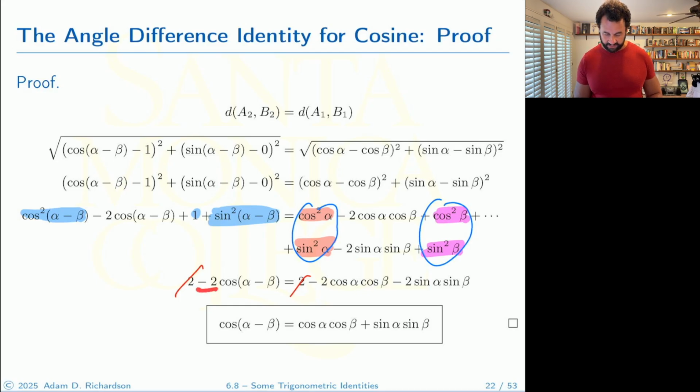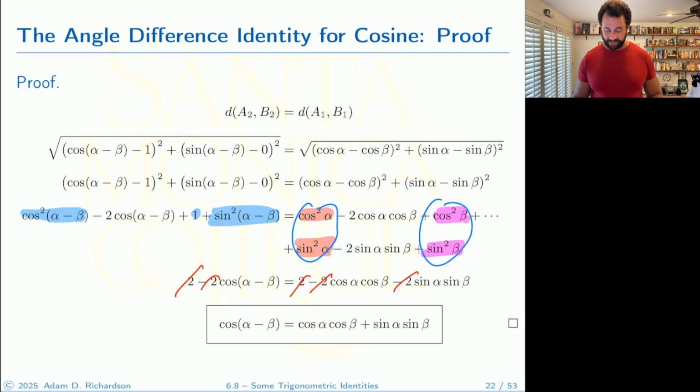Do you see that? -2, -2, -2. So we can cancel all those -2's. And then what we're left with is cosine of alpha minus beta equals cosine of alpha times cosine beta plus sine alpha times sine beta. Boom. And that was what we were trying to prove.